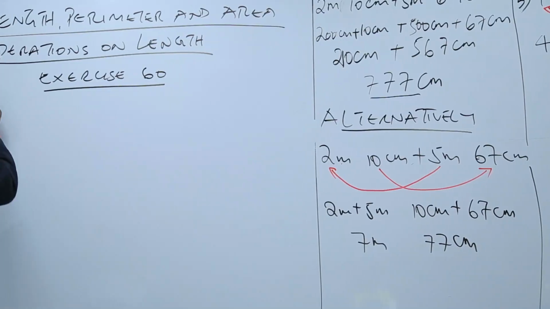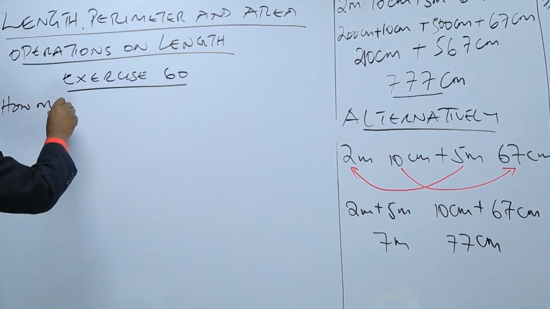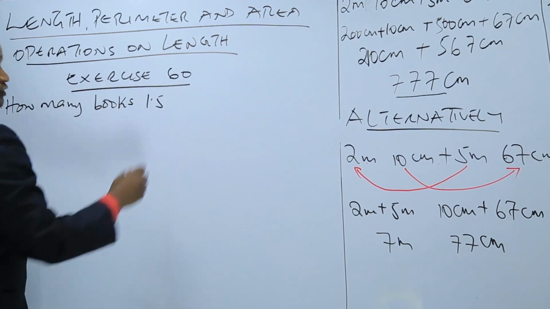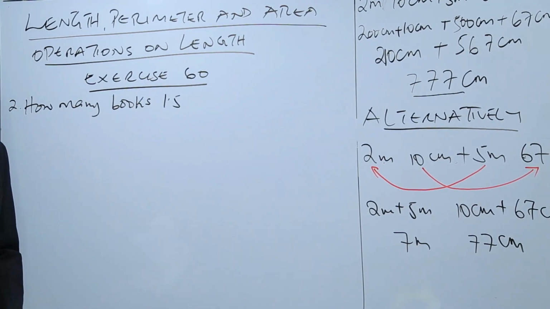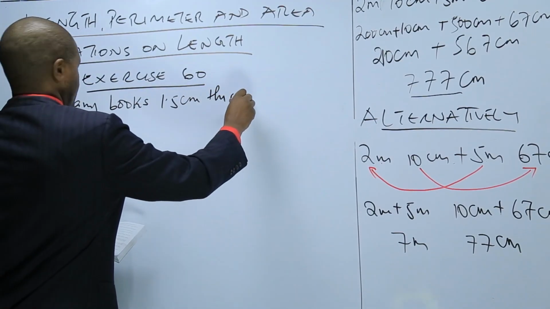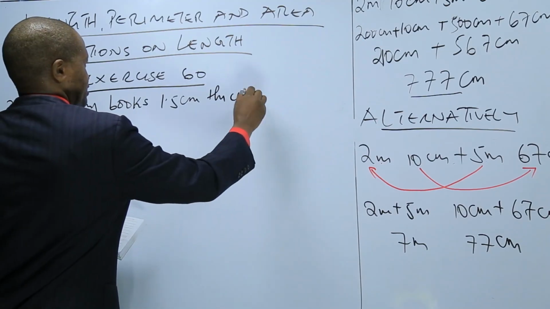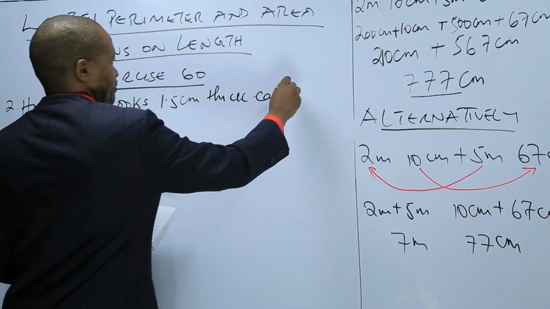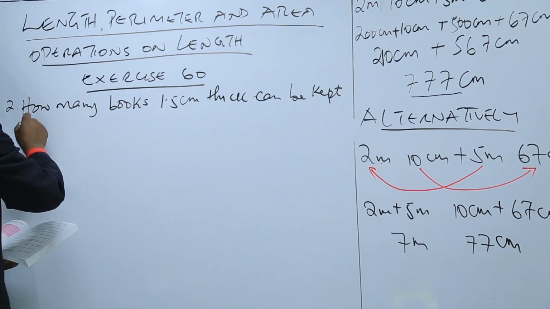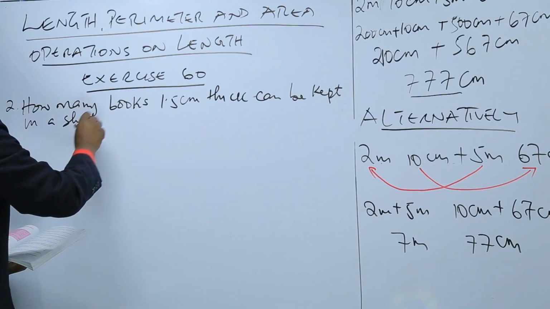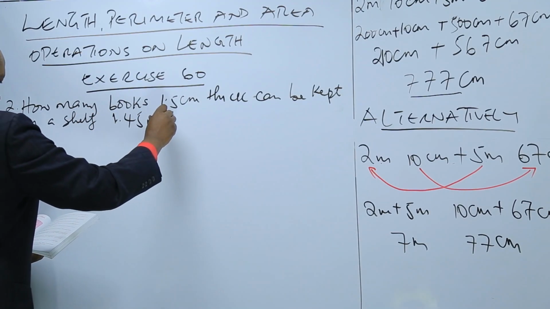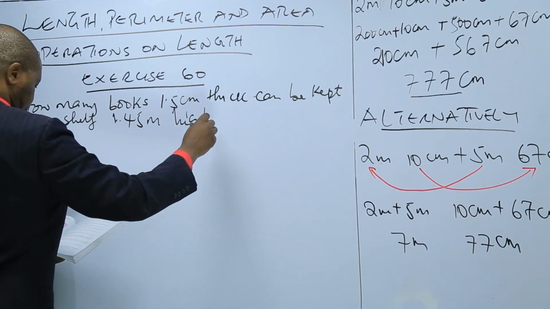Question 2, how many books 1.5 centimeters thick can be kept in a shelf 1.45 meters high?